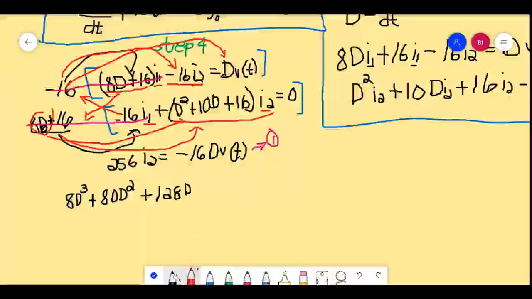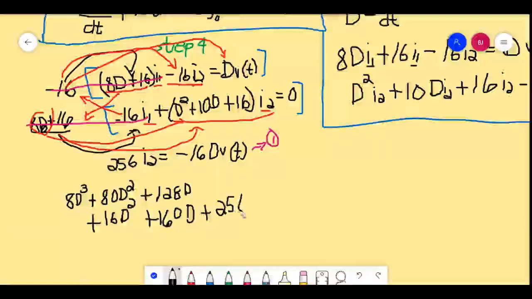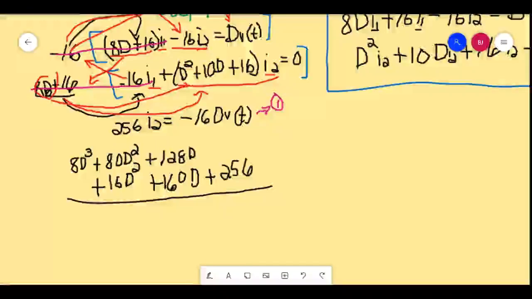Next, I'll multiply 16 with everything here. So I'll have plus 16d squared. I'm putting it at the bottom because we still have to add this eventually, so it would be convenient to do it at the bottom. Plus 16 times 10d would be 160d, and 16 times 16, as we've seen a while ago, is 256. Okay, we add them. This multiplied by 0 is still 0, so we won't have any problems with that.